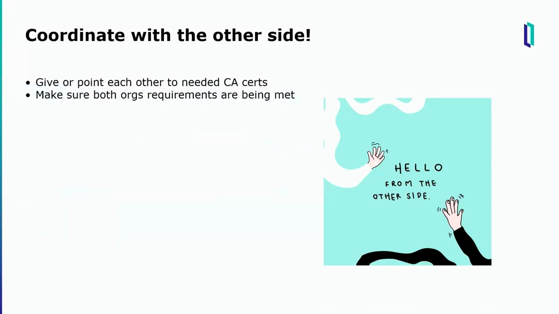Because authenticating the other side requires configuring the CA cert in advance, when you are setting up this connection with whoever controls the other side, you may need to coordinate with the admins on that side to provide you with or point you to the right CA certificate. If you're setting up a dedicated connection for your system to communicate with another system, the admins who control each of those systems may need to do that together.